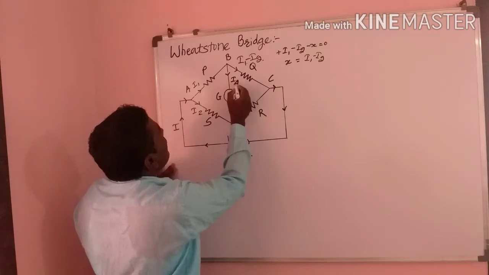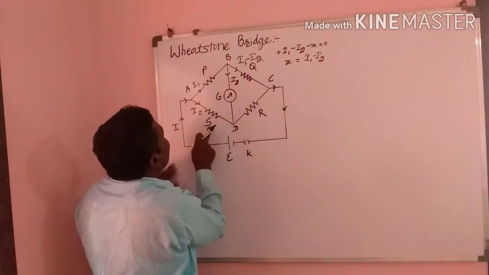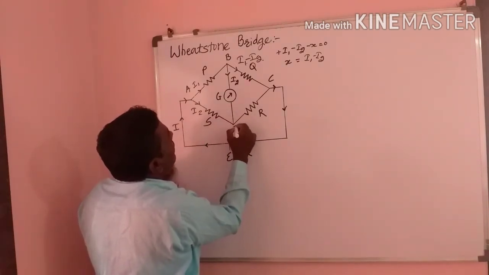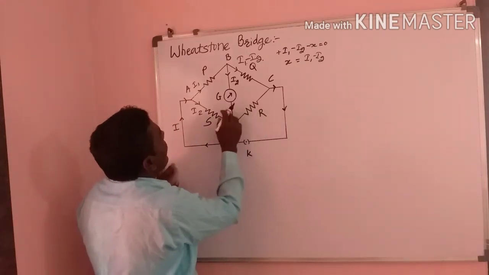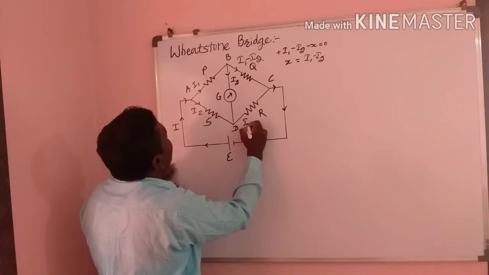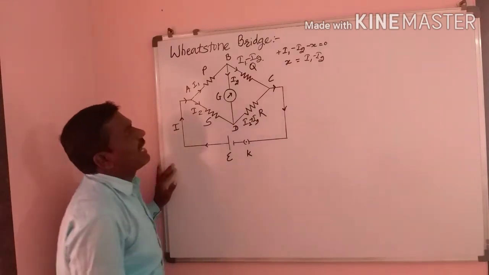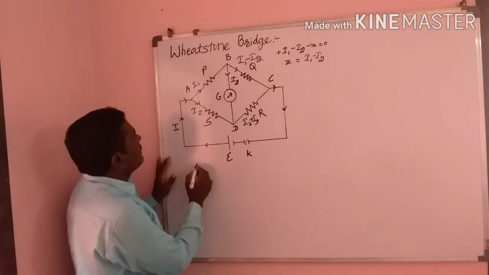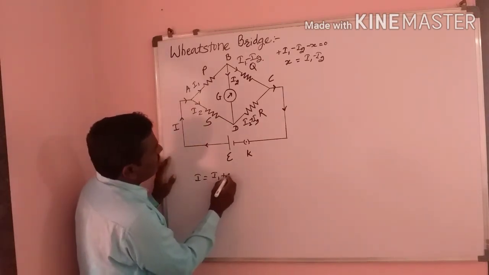Again, the current flowing through this galvanometer is Ig, and the current flowing through S is I2. The total current meets at point D, and the current flowing through this resistance is the addition of these two currents, so I2 plus Ig is the current flowing through the resistance R. From this we can say the total current I is equal to I1 plus I2.